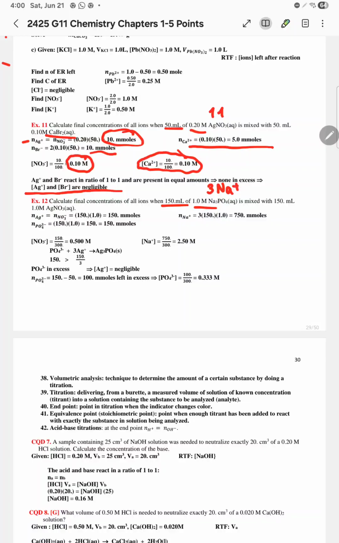So we're just gonna multiply 150 by 1 to get 150 millimoles of Ag, and the same for PO4 3 minus. And Na and NO3, by the way, it's with Ag, so it doesn't matter really. And Na, you're gonna multiply that exact same thing, but with 150 times 3, because we have 3 moles of Na.